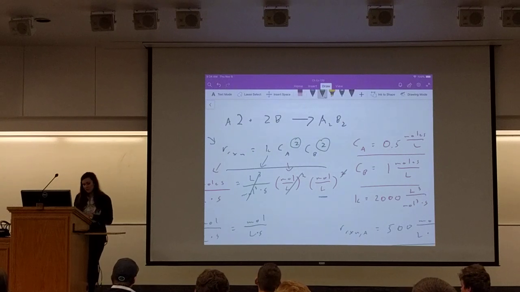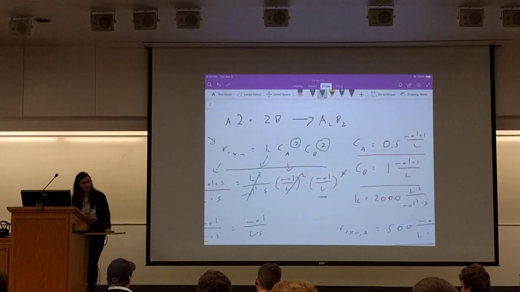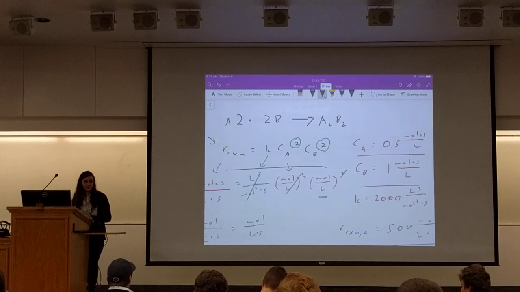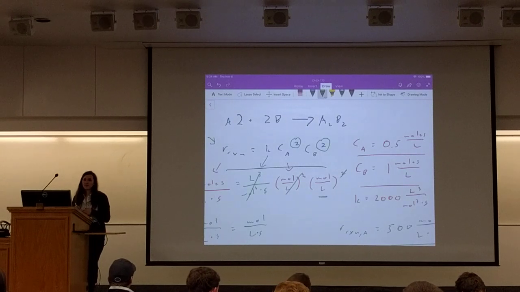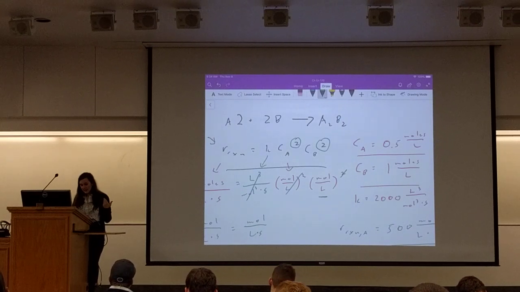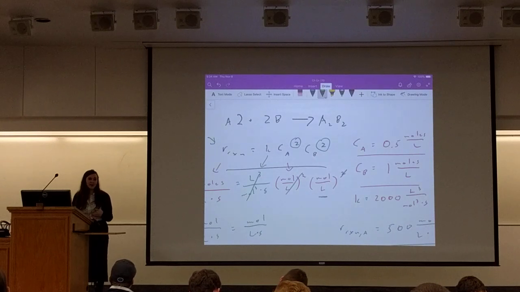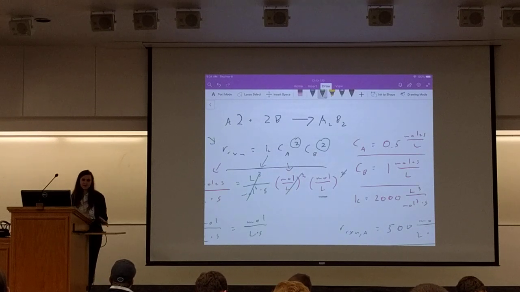So this would be fourth order overall, second order with respect to A, second order with respect to B. To think of that in words, if this reaction is second order with respect to A, that means it depends on the square of the concentration of A. So obviously the higher the order, the bigger the effect of changing the concentration is going to be.